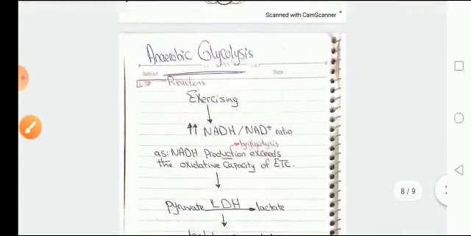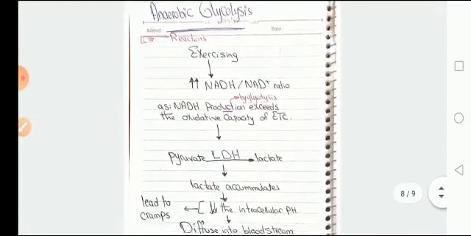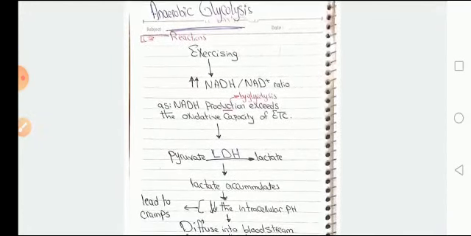Anaerobic glycolysis. During exercising, an increased NADH to NAD ratio is seen, so NADH production exceeds the oxidative capacity of the ETC, which means that the oxygen supply is insufficient.